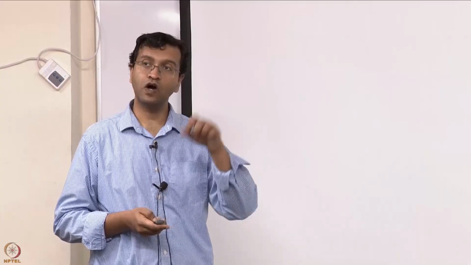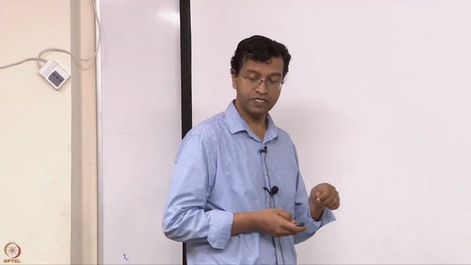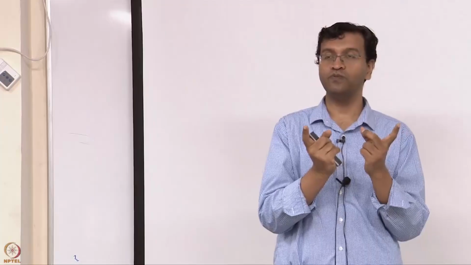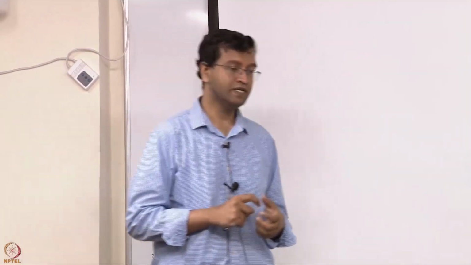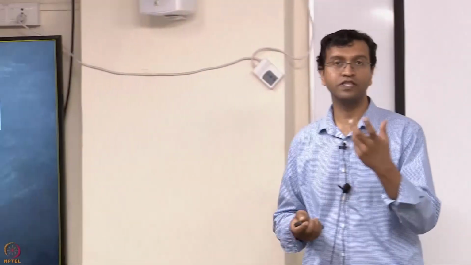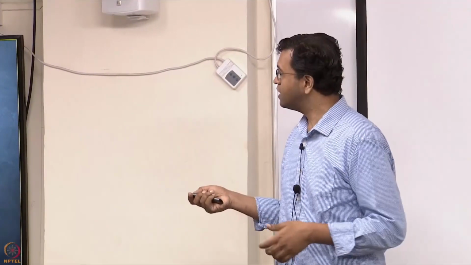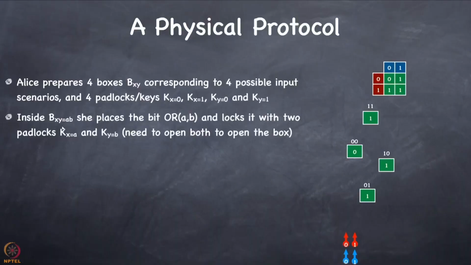But then she's going to lock this box. And each box she's going to lock using 2 padlocks, such that to open the box, you need to open both the locks. So there are 2 locks holding the box shut. And what are the locks she's going to use to lock BXY, say B00?